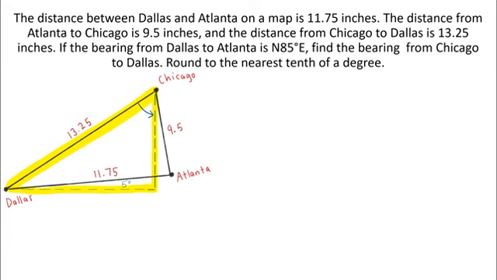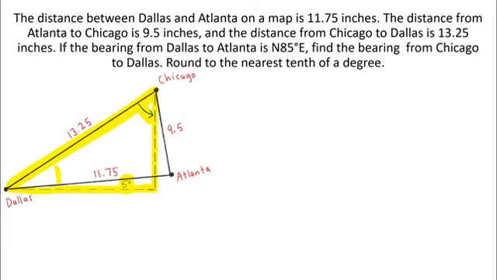So if I can somehow find the measurement of this angle in that triangle, then I could use that to help me find the measurement of the angle that I'm looking for. Well, this angle in the triangle is the measure of this smaller angle here plus the 5 degrees there.